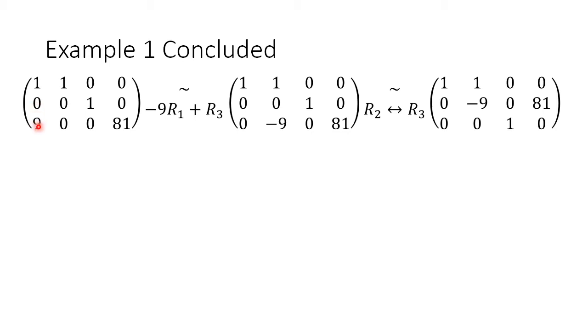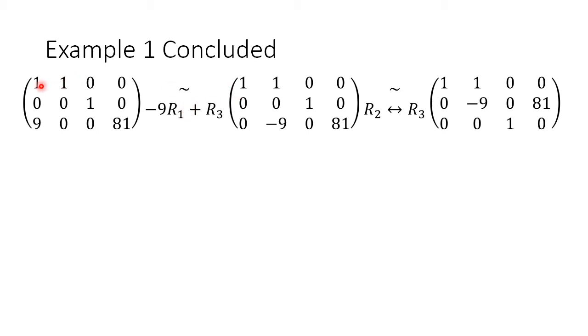So I'm going to get rid of this 9 by adding an appropriate multiple of this row to this row and changing it. So I ask myself, what number do I need to multiply 1 by so that when I add it to 9, I get 0? Well, the answer is -9. So I'm going to multiply every entry in row 1 by -9 and add it to the results in row 3 and replace row 3 by those numbers.